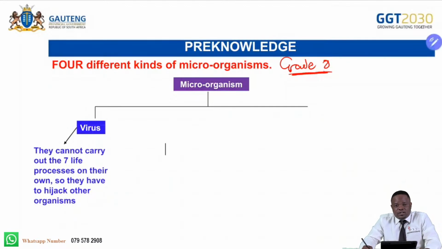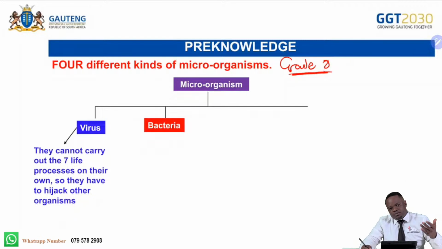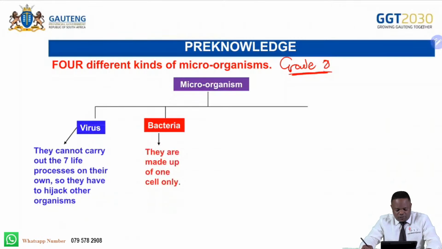As such, they can sometimes be considered non-living because they do not carry out most of these life processes. Then we spoke of the bacteria, which we said are unicellular organisms. So we shall look at how these bacteria are useful. How do human beings apply the bacteria in different places?